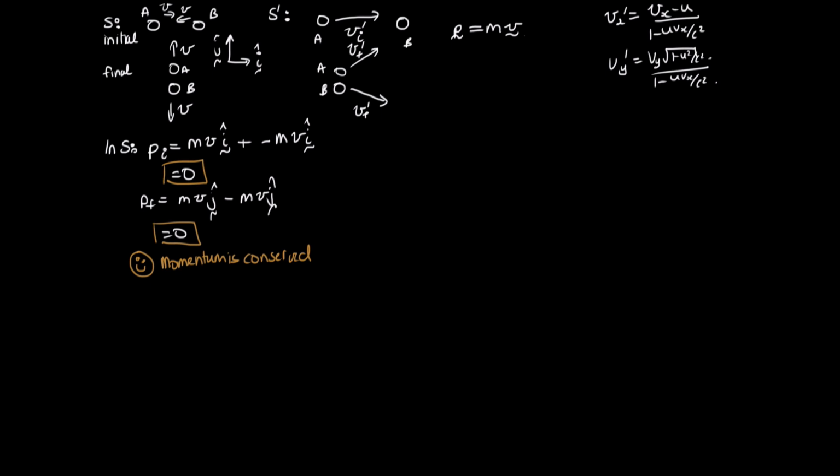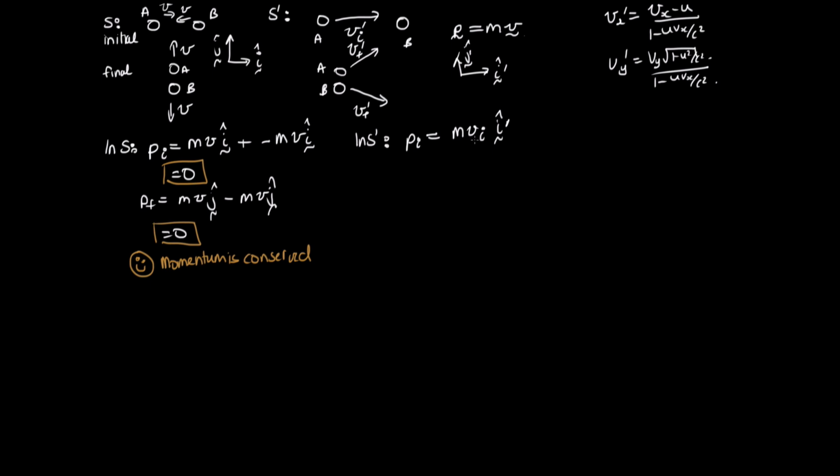Okay, now let's consider what's going on in frame S prime. In S prime, P initial. In this frame, ball A is moving, but ball B is stationary because we're now in the frame travelling with ball B. So the initial momentum is going to be equal to mvi, and that's in our I prime direction, and this is our J prime direction.